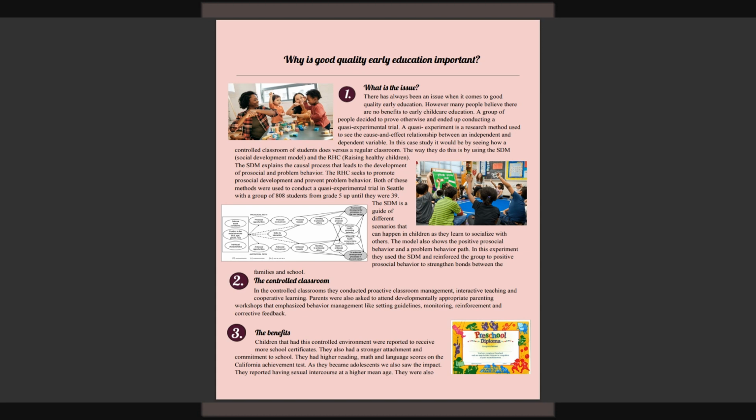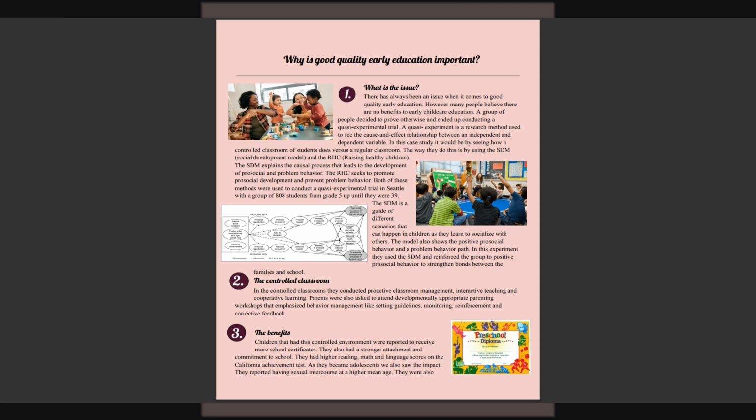The way they did this was by using the SDM and the RHC. The SDM explains the causal process that leads to the development of pro-social and problem behavior. The RHC seeks to promote pro-social development and prevent problem behavior.